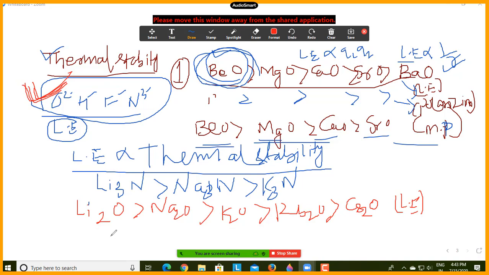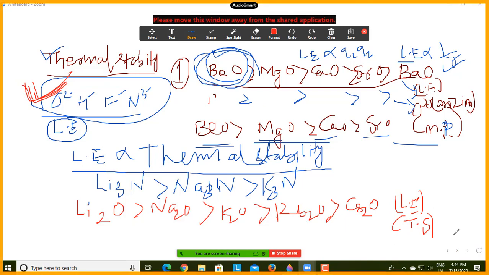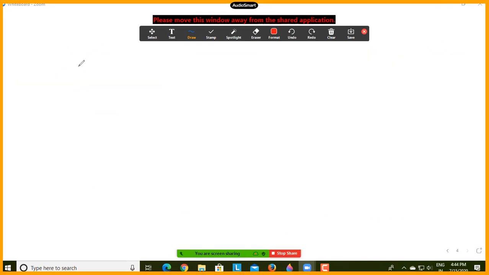More the thermal stability, more temperature required to break. So thermal stability order is also like this. Is that clear? So factor number 1 completed. Now I'm going to factor number 2.